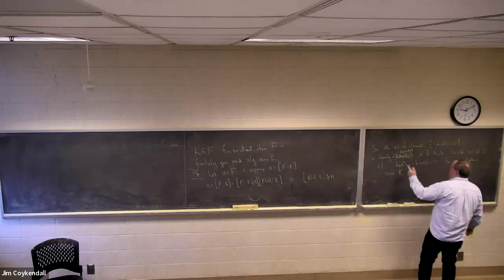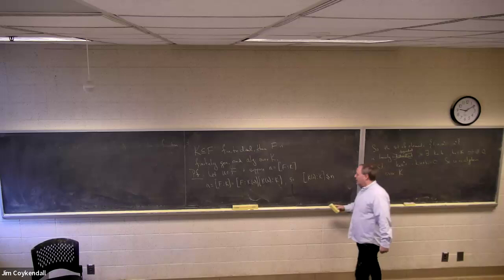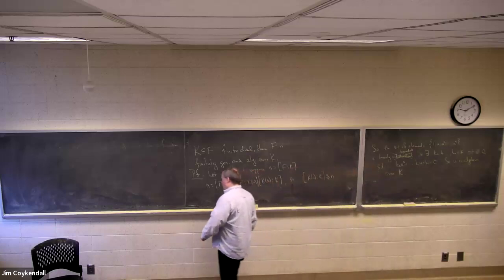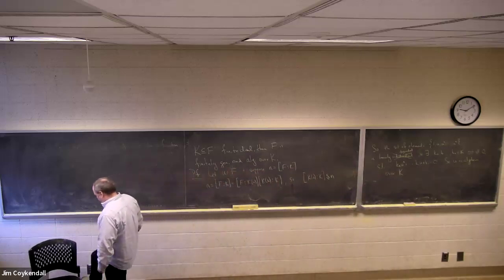And of course, it's important that not all the K's are 0 here, otherwise that could be the zero polynomial, which would be exactly the problem with the proof.